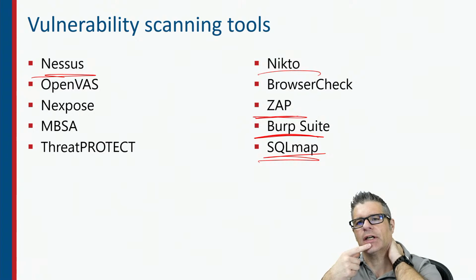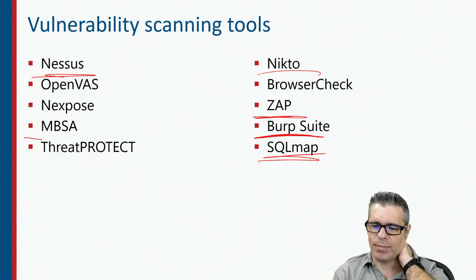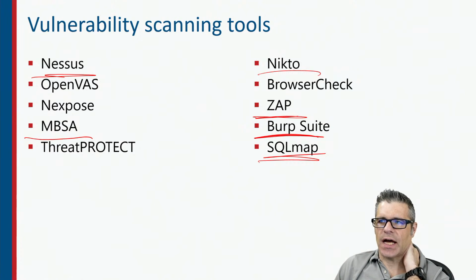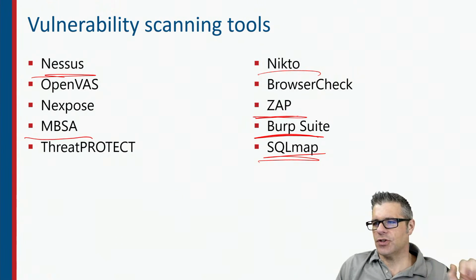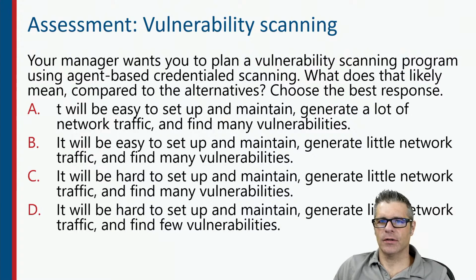I could be wrong there. Microsoft's got a Baseline Security Analyzer. So there's a lot of fine tools out there available for those sorts of things. We've got a host assessment that you can try out as well. And that's scanners from the high level. You should go and play with one.